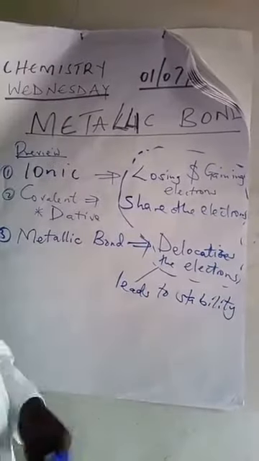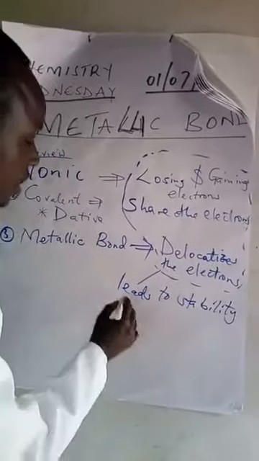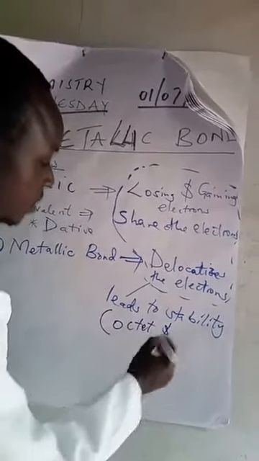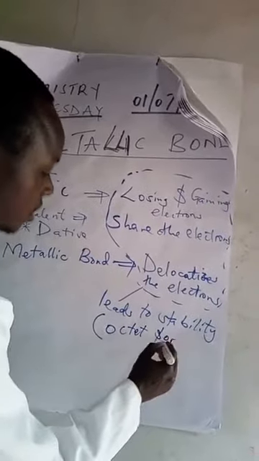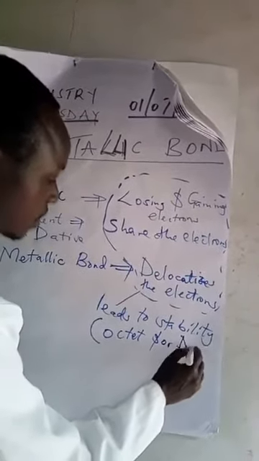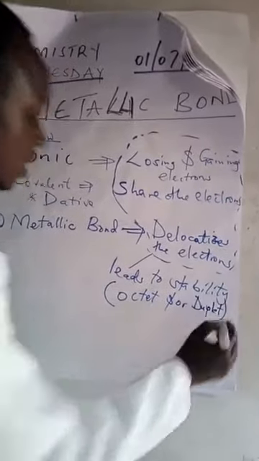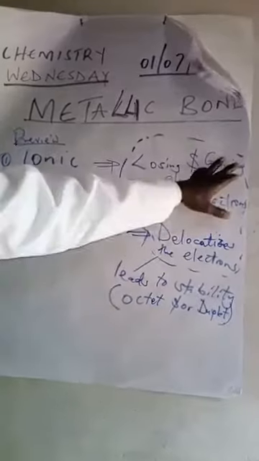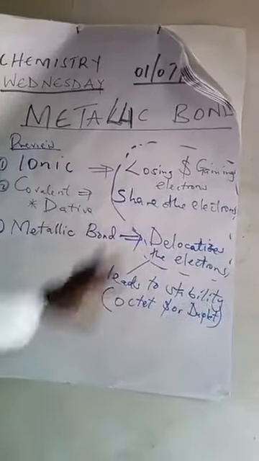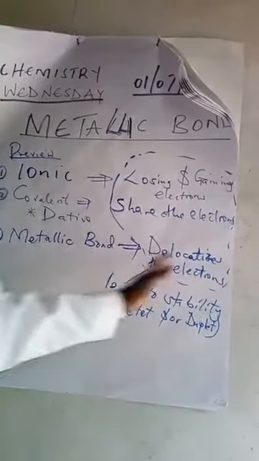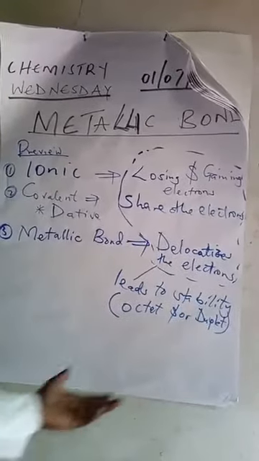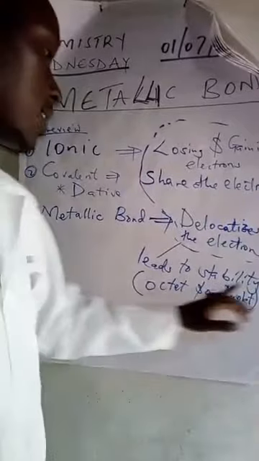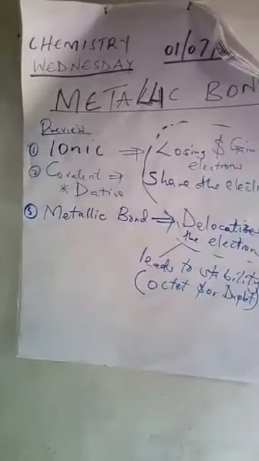Talking of stability, as we mentioned, stability involves the octet and or duplet. So when we say atoms lose, or lose and gain electrons, atoms share electrons, atoms delocalize the electrons, in so doing, they obtain an octet or a duplet, which is the stability of the group 8 elements.